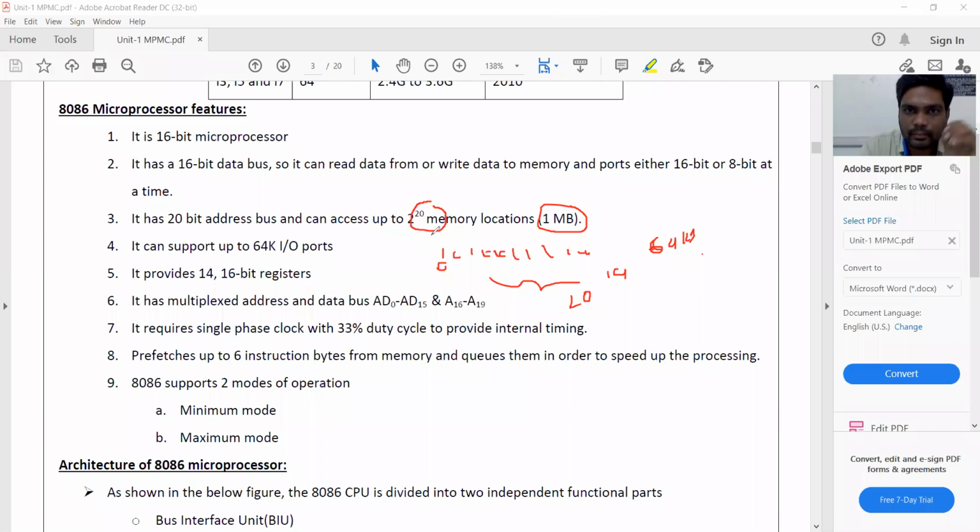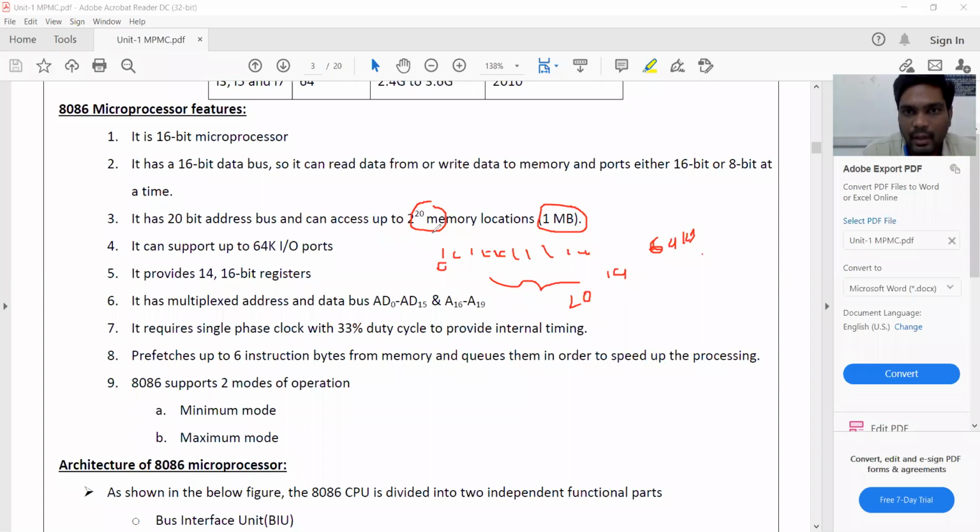And you have to keep in mind that in each and every memory location, suppose you have a 2-bedroom house. In a 2-bedroom house, if you allocate a bedroom for 2 members, then the maximum number of people living in the house is 4, right?